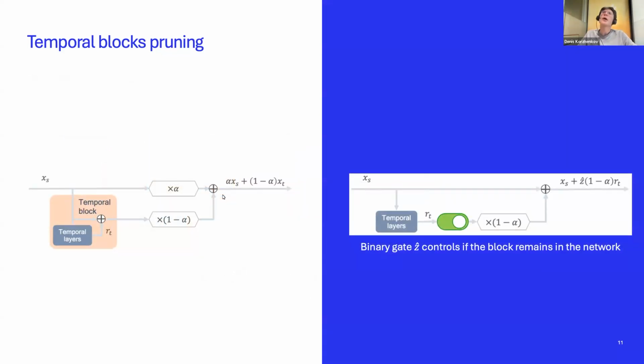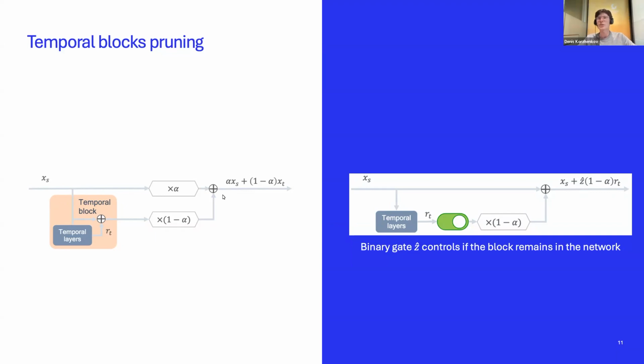But in addition, we can not just prune the temporal blocks with the lowest value of 1 minus alpha, but instead we can fine-tune the whole network by using the binary gates Z, which are illustrated with this green slider on the right. And we apply these binary gates z hat, which are equal to 0 or to 1.